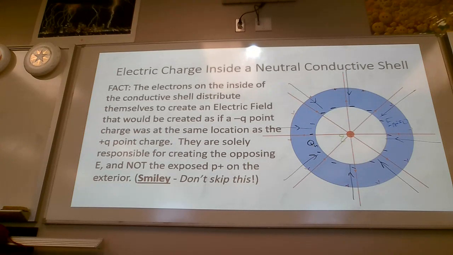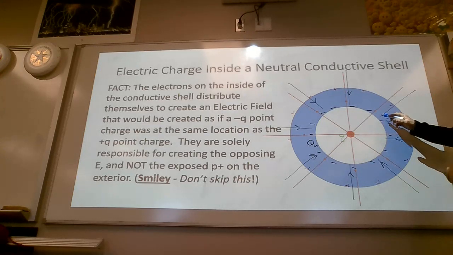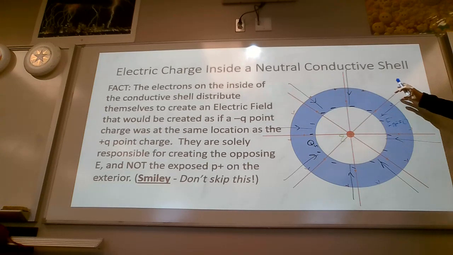Okay, so that's why the net electric field is equal to 0, because the red field is counteracted, negated by the black field in here. Okay, and so really from this point on, these two fields cancel each other out.